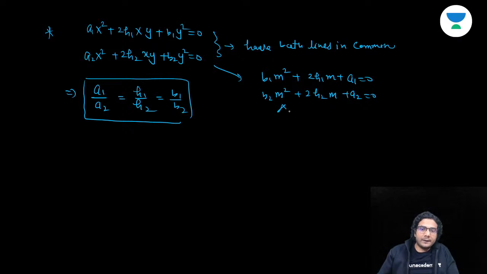These two equations have both roots in common, right? So if both roots are common, that means the condition is b1 upon b2 is equal to 2h1 upon 2h2 is equal to a1 upon a2. That was the condition in quadratic. If both roots are common, then a1 upon a2 is equal to b1 upon b2 is equal to c1 upon c2. Are you getting this?